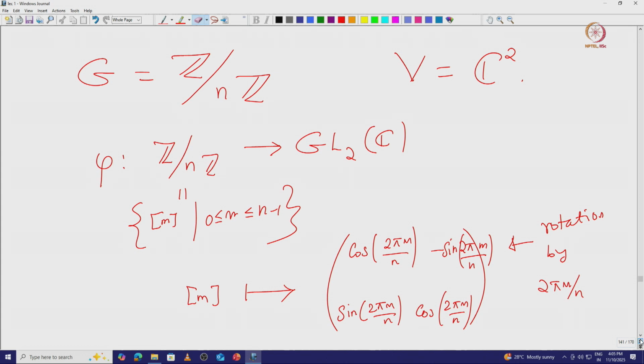So, in this representation, this is the matrix for the rotation by 2πm/n.